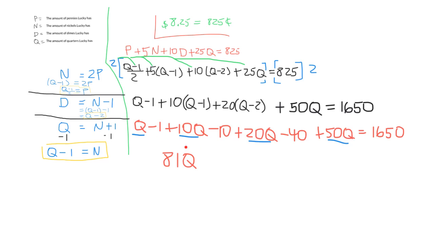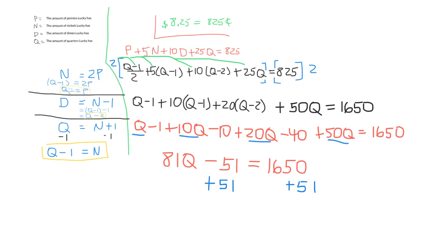So we have -1 plus -10 is -11 plus -40 is -51. So it's just going to be 81q minus 51, and that's going to equal 1650. So at this point, of course, we're going to have to add 51 to both sides. I'll denote that right now.